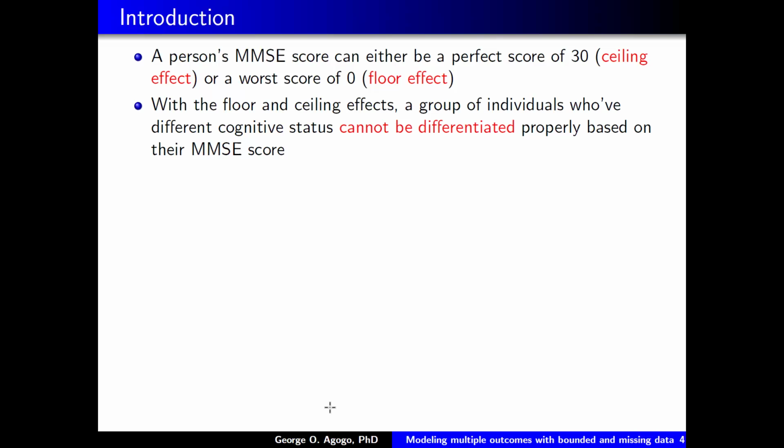Now, if, for example, a given number of people score exactly the same marks, which is 30, it doesn't mean that these people are the same in terms of their cognitive status. And therefore, based on MMSE score alone, you cannot actually differentiate these people, okay?